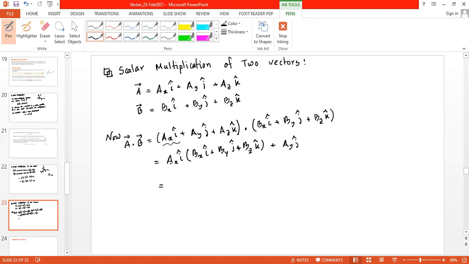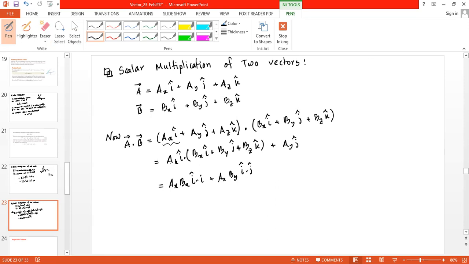Now you see here Ax, and then I multiply by this one, that is Ax Bx, I have to put the dot sign here, by the way, i dot i, plus Ax By i dot j.